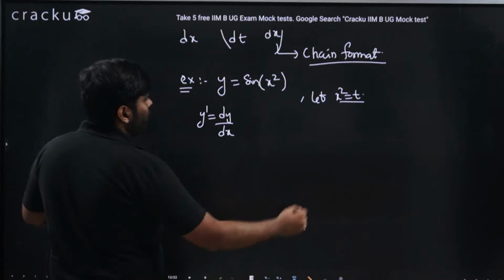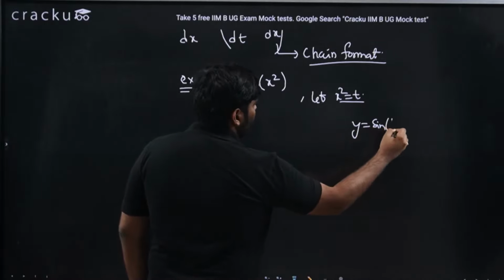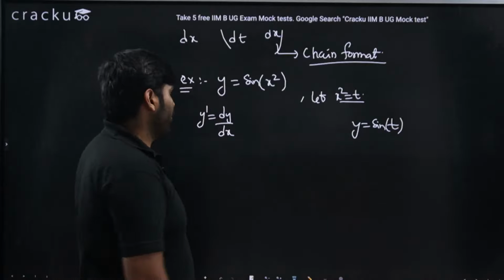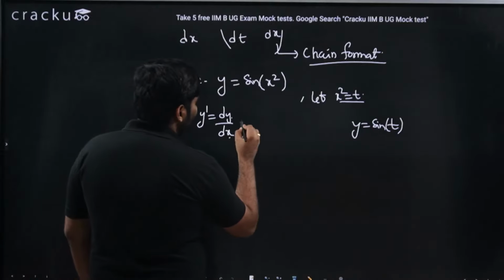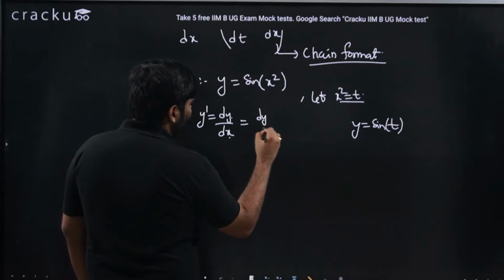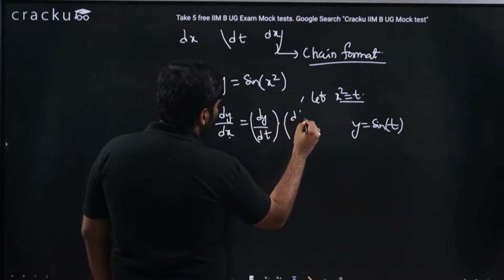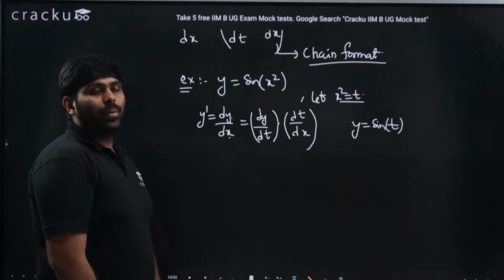In that case, y is nothing but sine of t. I'm taking x square as t, then y becomes sine of t. Instead of differentiating y with x, I will write this as differentiating y with t into differentiating t with x. Both are the same because dt goes away and I get dy by dx.